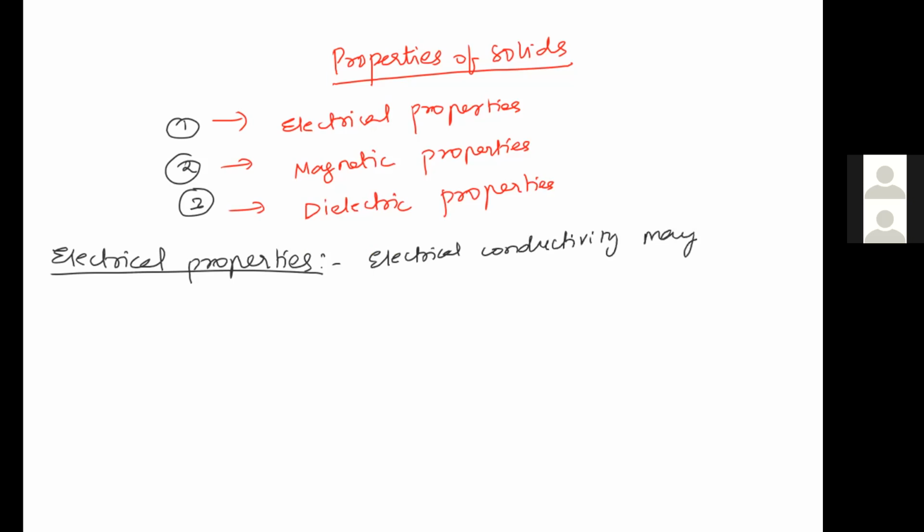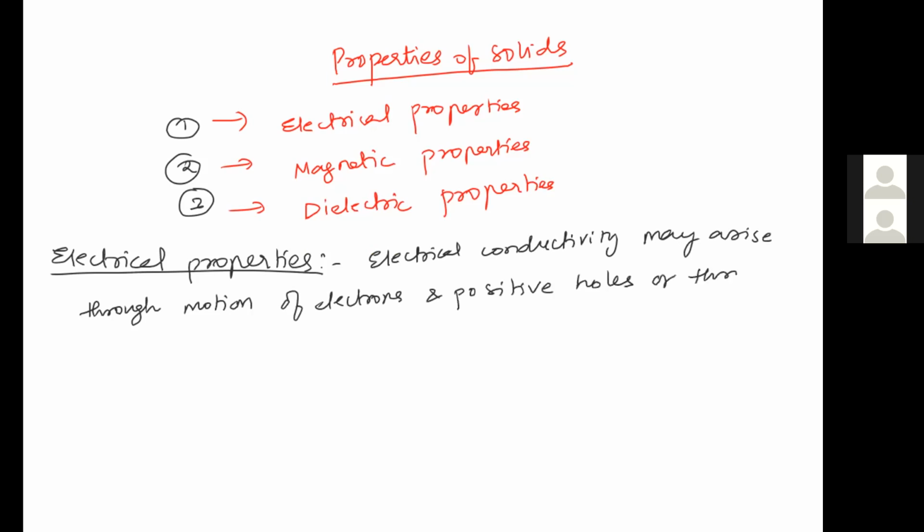Electrical conductivity may arise through the motion of electrons and positive holes, or through motion of ions; we say ionic conductivity, that is, ions.